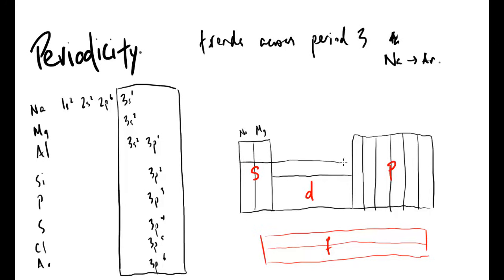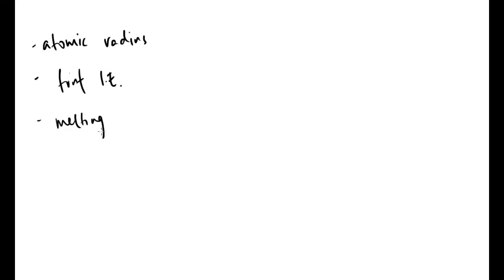Now, what you need to know are the trends across the period in the atomic radius. You need to know about the first ionization energy, and finally melting and boiling points. So I'm going to start with atomic radius, then go on to the ionization energy and end with the melting and boiling points.